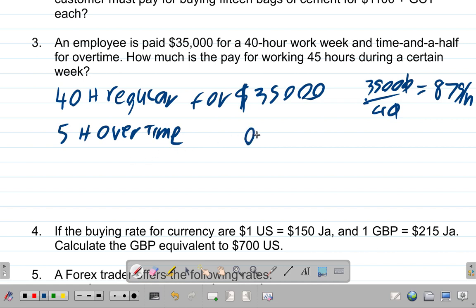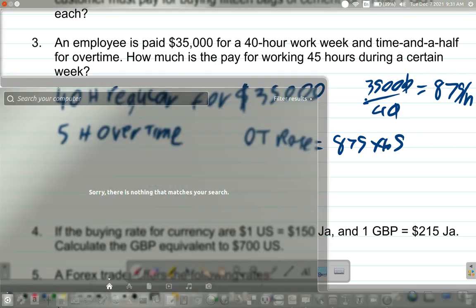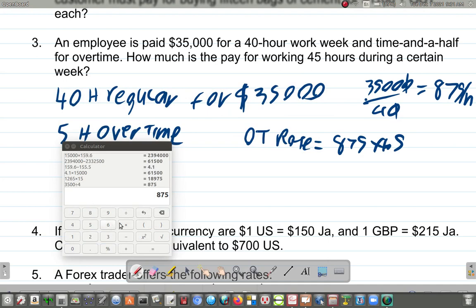Overtime rate, call it OT rate, is 875 times 1.5, time and a half. So let's do that. Multiplied by 1.5 gives you 1312.5.